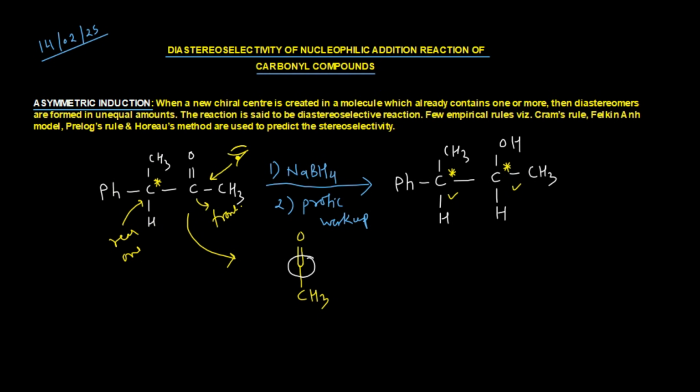So you can put all these groups here just like that. Say this is your Ph, which is phenyl, and then you have hydrogen, and then you have CH3. So this is how we can draw the Newman projection formula for the carbonyl compound.